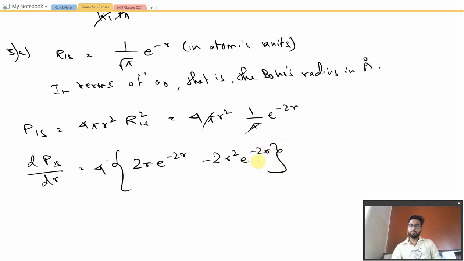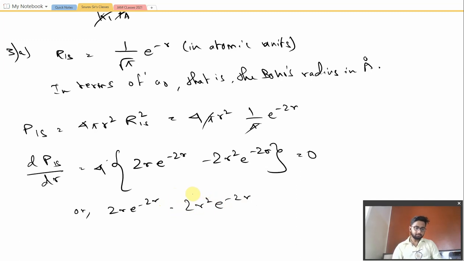For calculation of the most probable one, dP1s by dr would be equal to 0. Or we may say 2r e to the power minus 2r would be equal to 2 into r square into e to the power minus 2r.